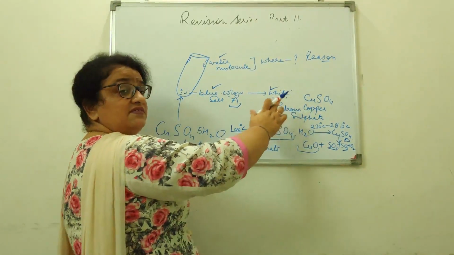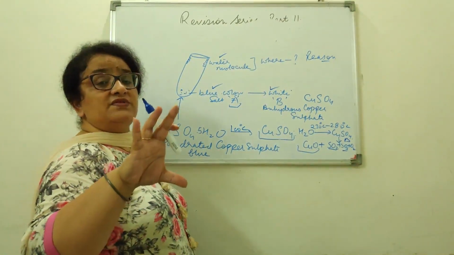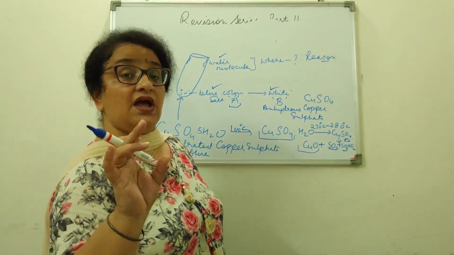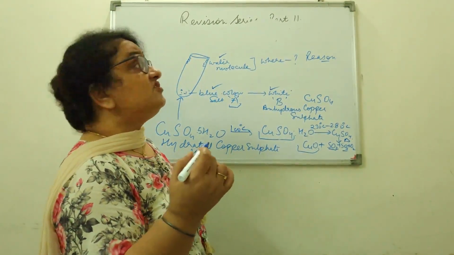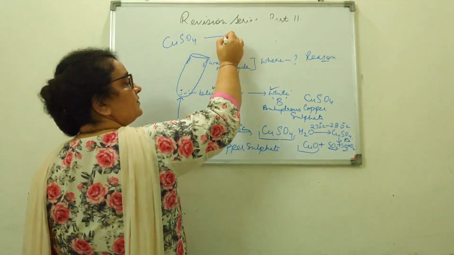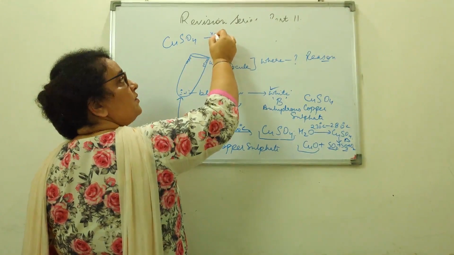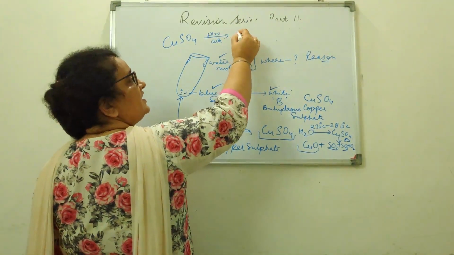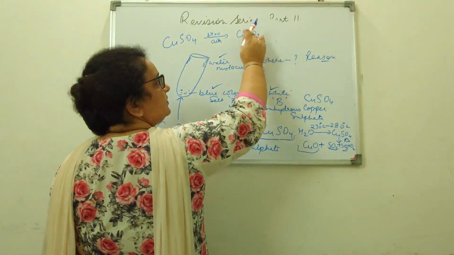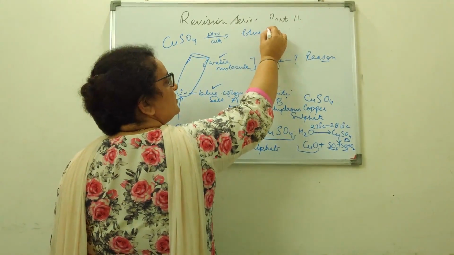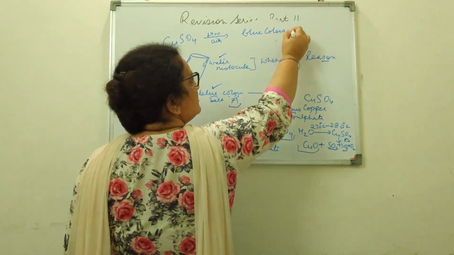If we keep this test tube with white copper sulfate, that is anhydrous copper sulfate, for some time in the atmosphere, it will again turn blue. How? Copper sulfate will absorb moisture from the air and it will turn into a blue colored salt.